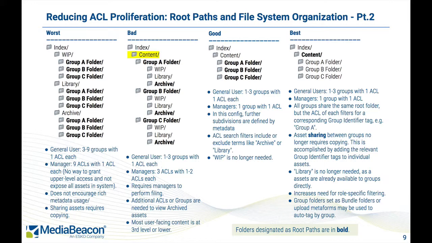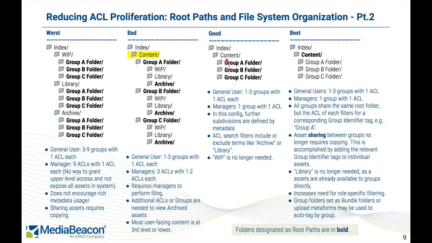Even better than this one is we're going to pull out those subdivisions, and we're going to say that things like archive and library are just going to be metadata, and we'll use our ACL search filters to define those things so they can be easily found.